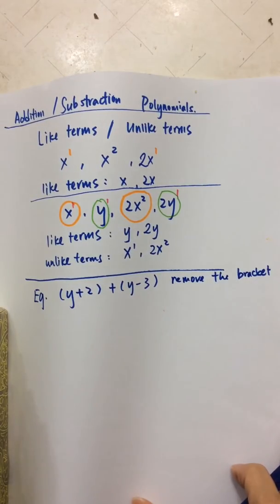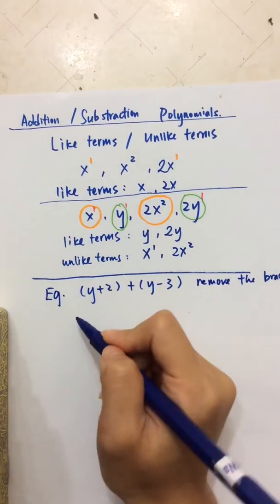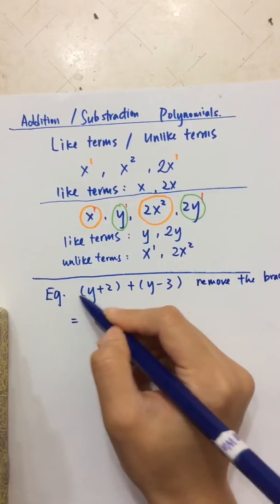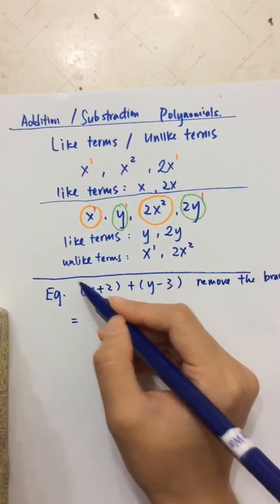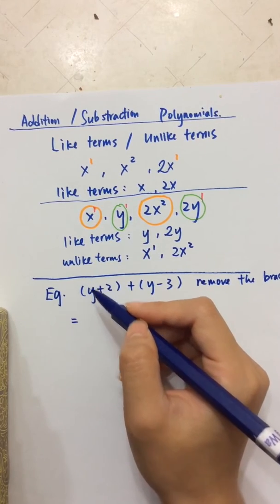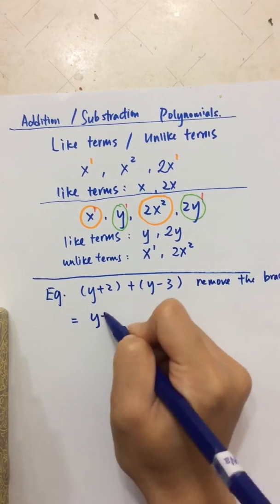Okay, you will see, remove the bracket. So here, y plus 2, because there is no symbol in front of it, there should be a hidden symbol, which is plus, so it doesn't matter, we just copy y plus 2 here.